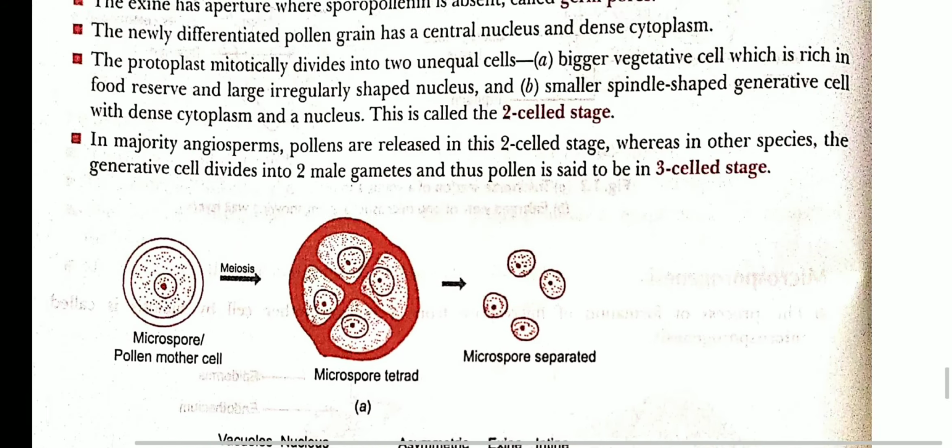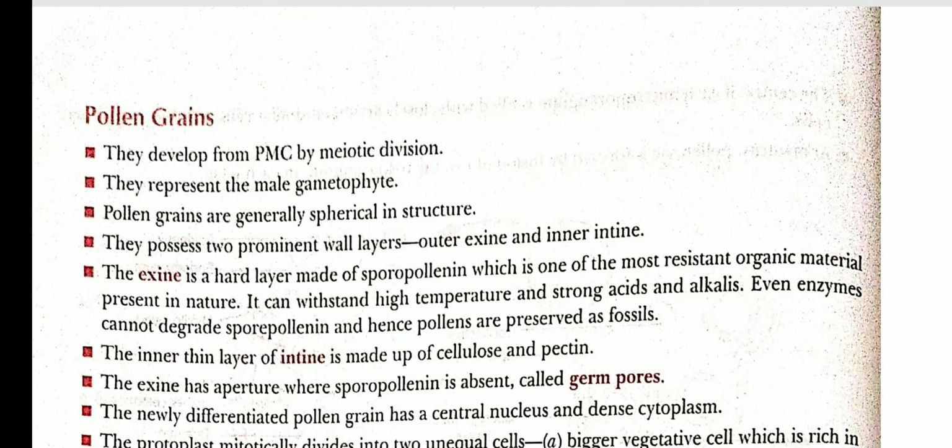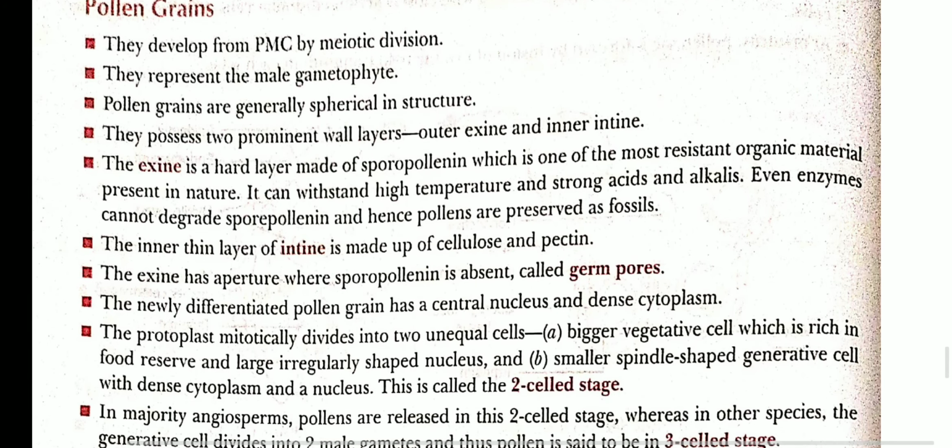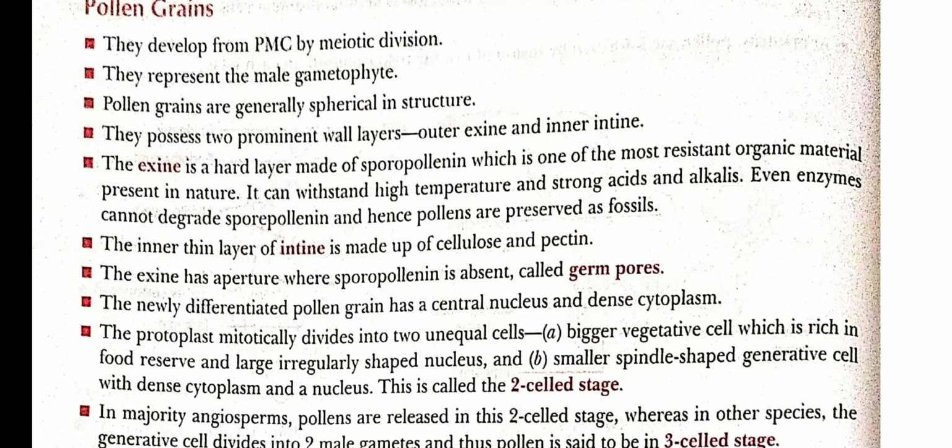So, the 2 walls of the pollen grain are exine and intine, and the exine is made up of a material called sporopollenin, which is the most resistant organic material found in nature, which withstands high temperature and strongly acidic or alkaline conditions.